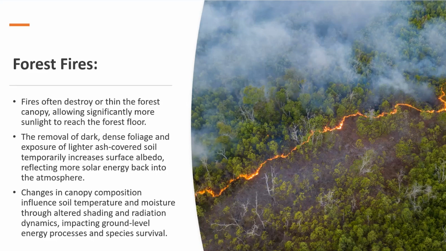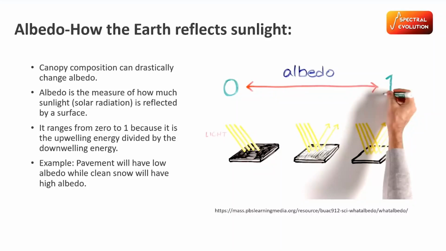So it changes the albedo of the ground as well, which further warms it, so you don't get that microclimate underneath the canopy anymore. And it changes the composition of the soil temperature and moisture and evapotranspiration underneath. So it's a very important dynamic system that happens in forests, and something that could be further explored with a spectroradiometer as well.